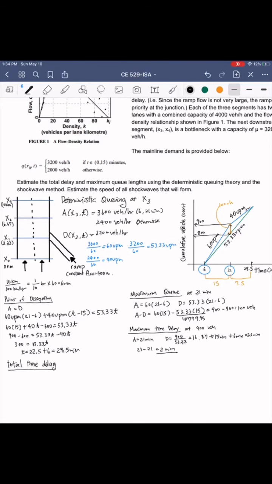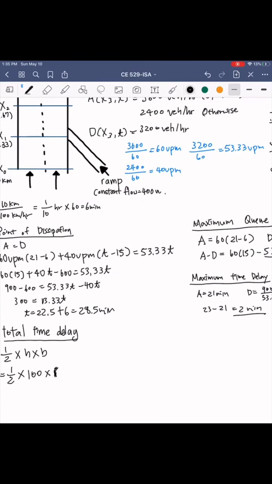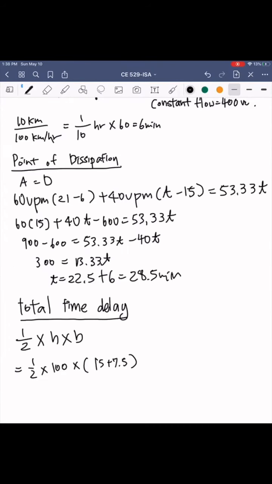So the area of a triangle is 1/2 times base times height. So 1/2 times 100 for the height, and for the base it will be 15 plus 7.5. Let me use the calculator.